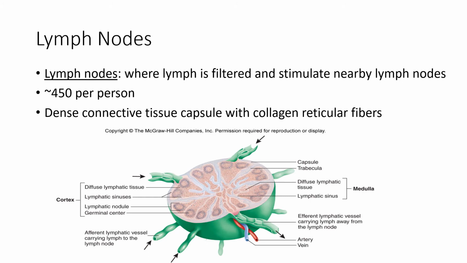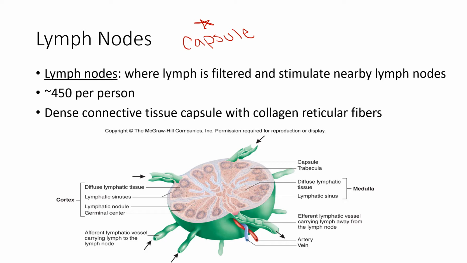All right, remember I said the difference between nodules and nodes is going to be the presence or absence of a capsule. For lymph nodes, we do have a capsule. So make sure that you know that that is one of the big differences between lymph nodes and lymphatic nodules.